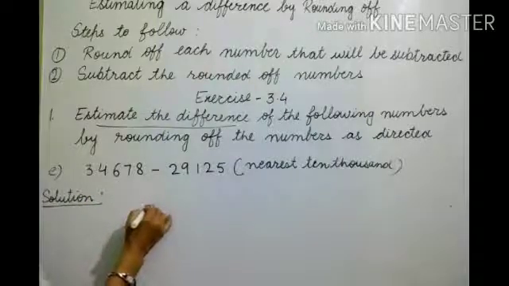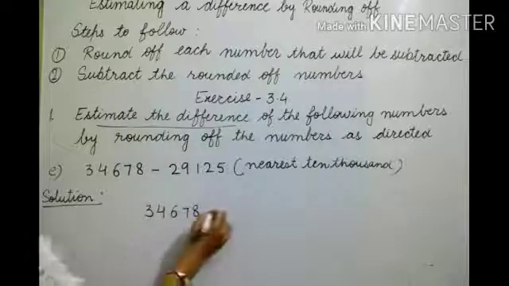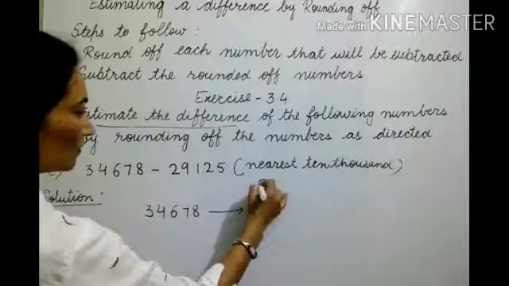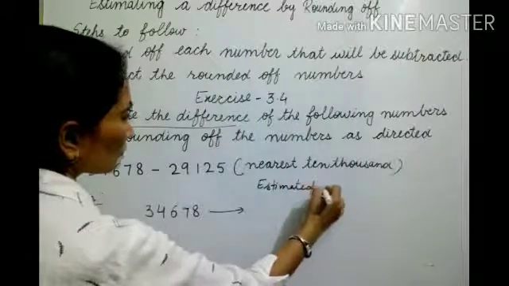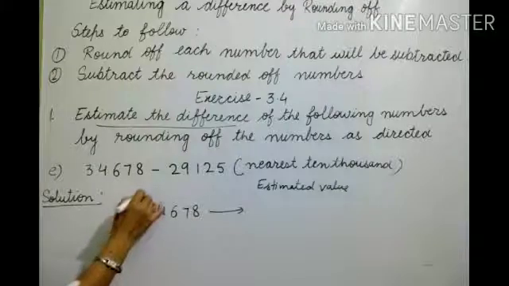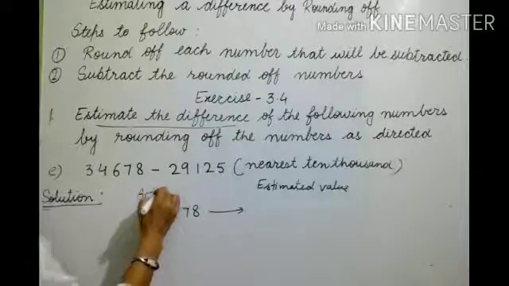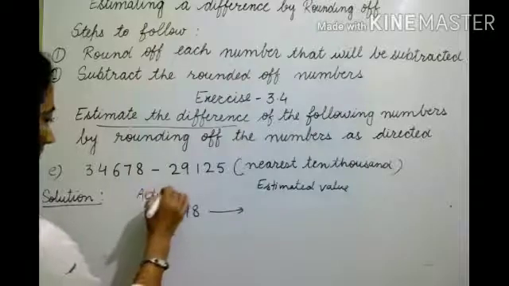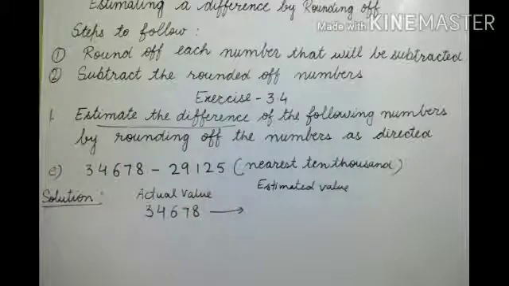Take the first number, that is the actual value. We will find the estimated value. This is the actual value, which I have told you in A and C parts also. You will write the same while solving in your notebook.